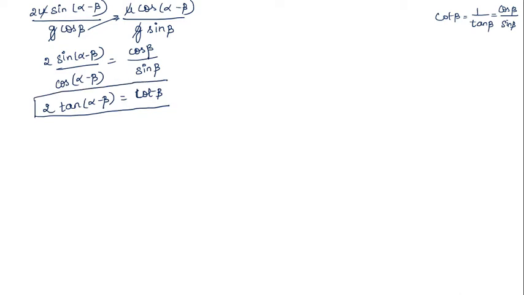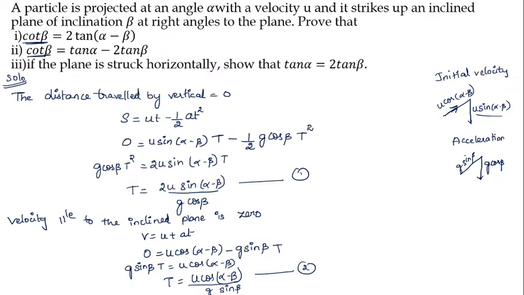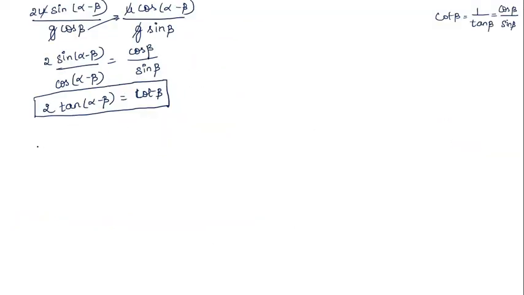Second, what is the second part? We have to prove the same cot beta equals tan alpha minus 2 tan beta. That is what we have to prove. So this will be cot beta equal to 2 into tan of a minus b, which is tan a minus tan b divided by 1 plus tan a tan b.